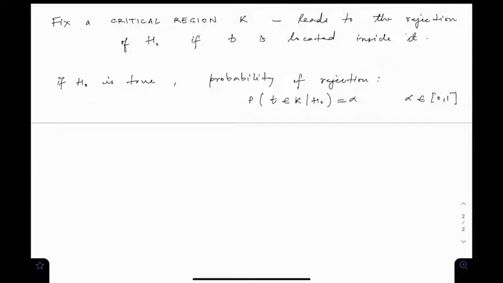And it is called the significance level or the size of the test.